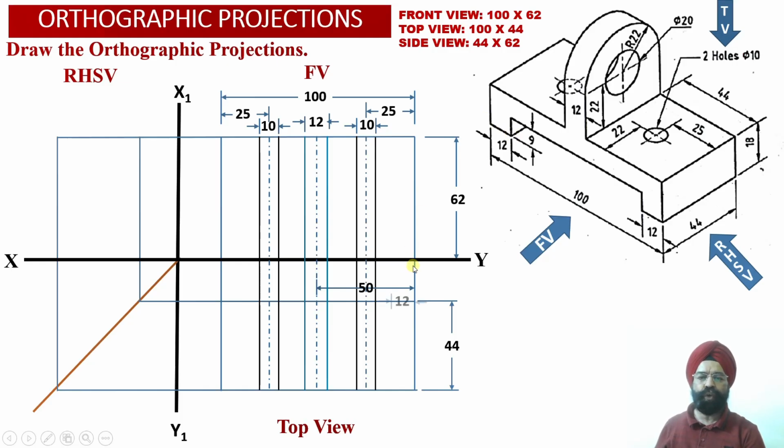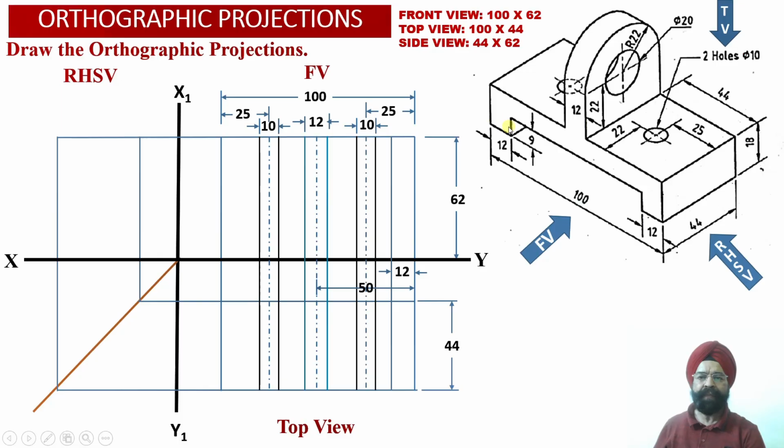So now we are going to mark a distance of 12 millimeter from the right hand side face corresponding to this vertical edge over here. This is a vertical face. Once we mark this distance of 12 millimeter, one vertical projector line is obtained in the front view projections, and we have extended this vertical projector line into the top view projections as well.